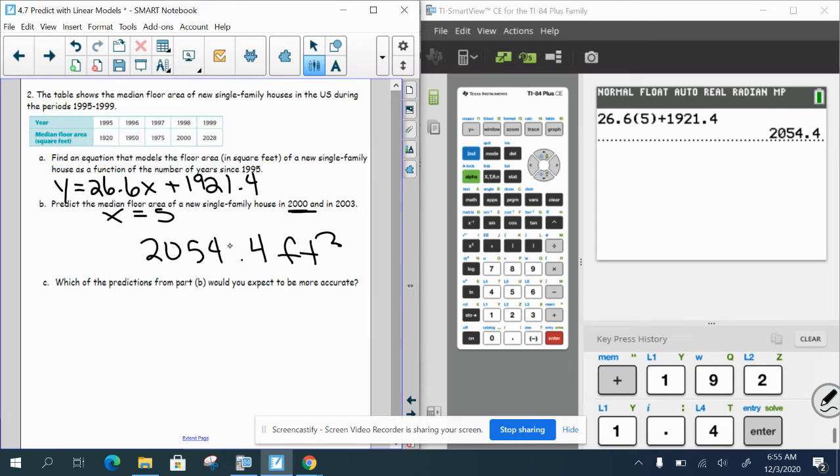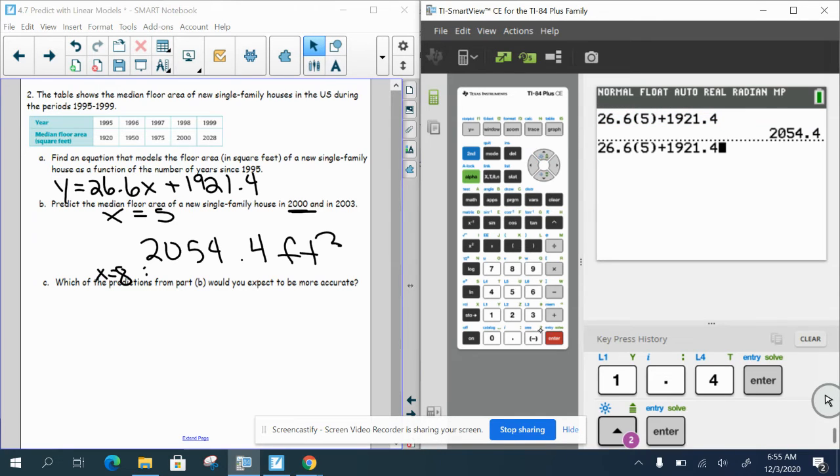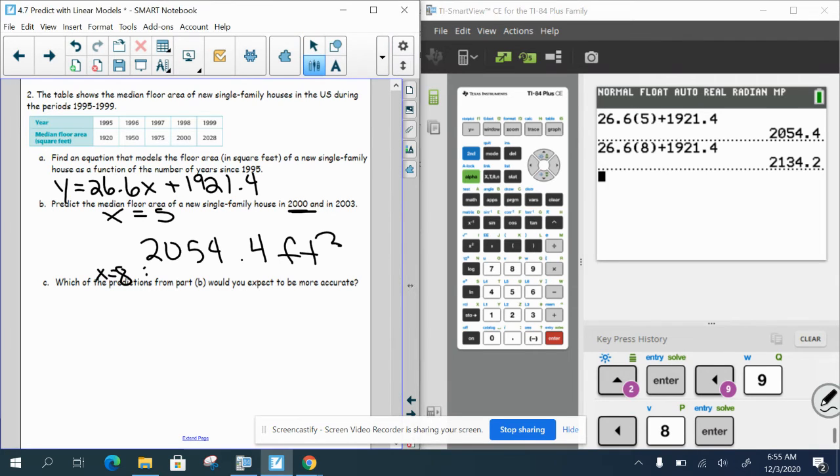And then for 2003, I'll just tell you what the answer would be, just to save some time for you. If you did plug in 8, actually, it's not that hard because we already have our equation. If you just scroll up, press enter, and then go in there and change the 5 to an 8, you get 2134.2 feet squared.